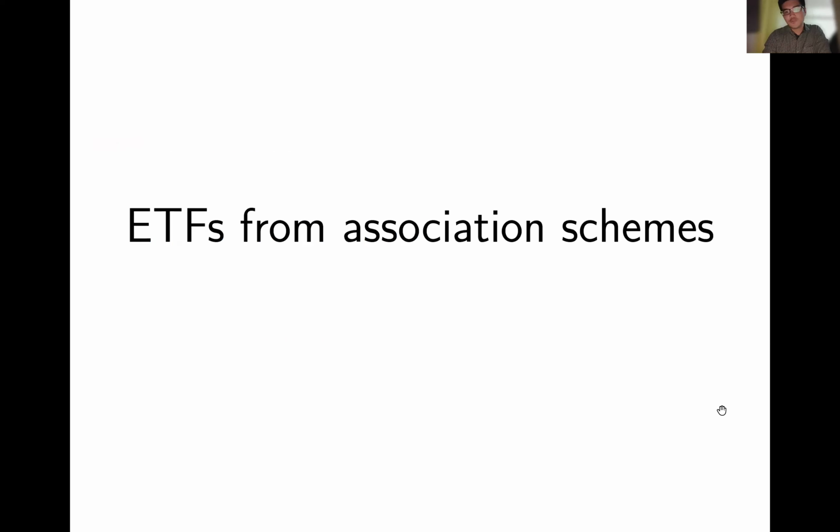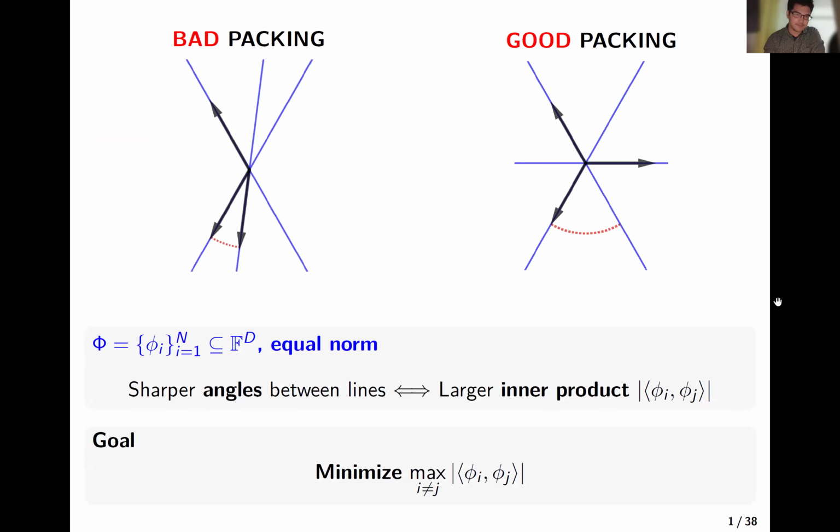Okay, so first things first, ETFs from association schemes. What's an ETF? Well, let's say we have a bunch of lines in space and we want to pack them together. There are bad packings and there are good packings. To measure how good or bad the packing is, we take a bunch of representative vectors from our lines, and we select them to be of equal norm.